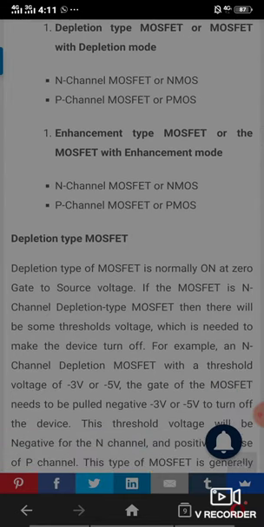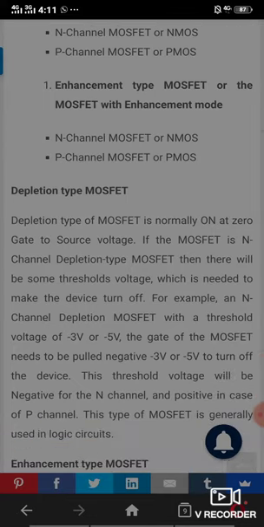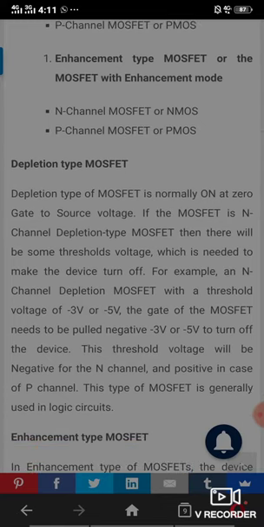For example, an n-channel depletion MOSFET with a threshold voltage of minus 3 volts to minus 5 volts: the gate of the MOSFET needs to be pulled negative to turn off the device. This threshold voltage will be negative for the n-channel and positive in case of the p-channel. This type of MOSFET is generally used in logic circuits.